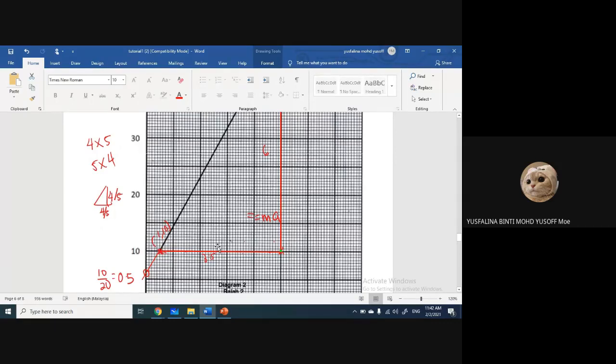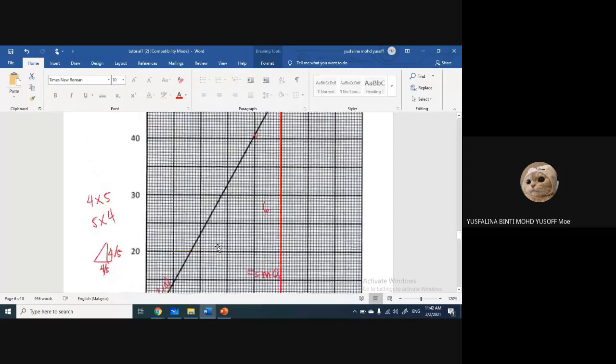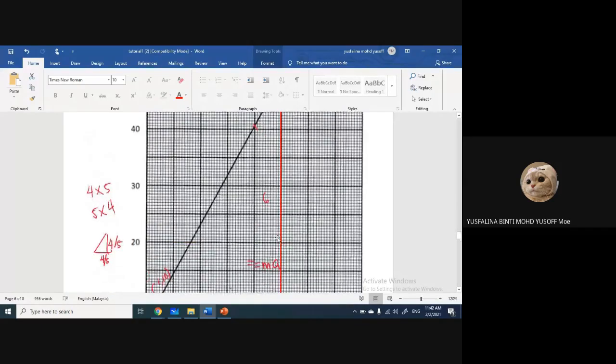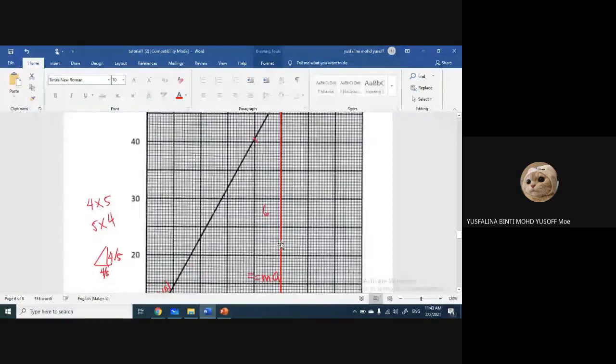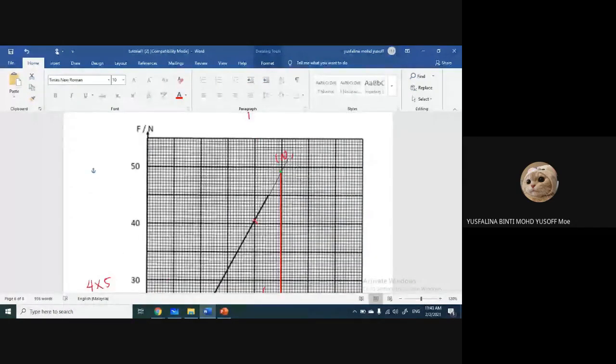Here the x-axis is 10, and then the y-axis, this is 45, so I think here is 49. So 10, 49. Then after that, use the gradient formula.